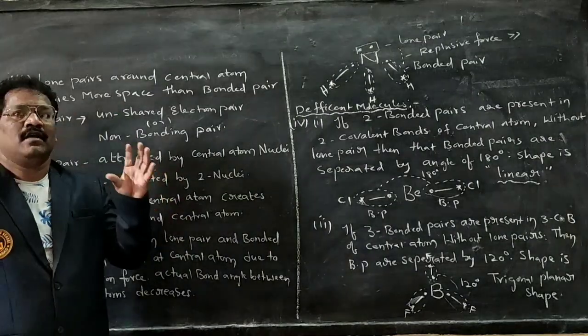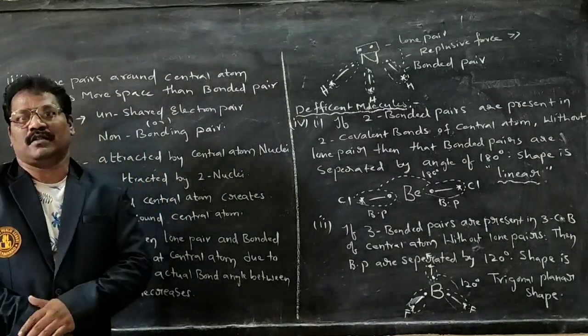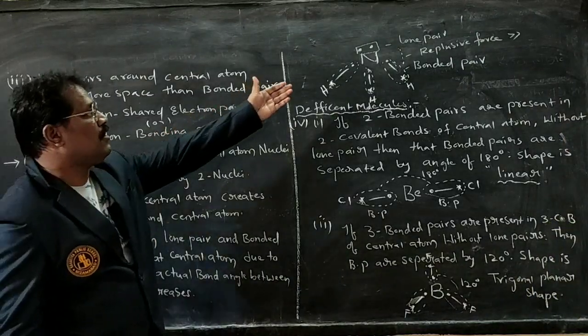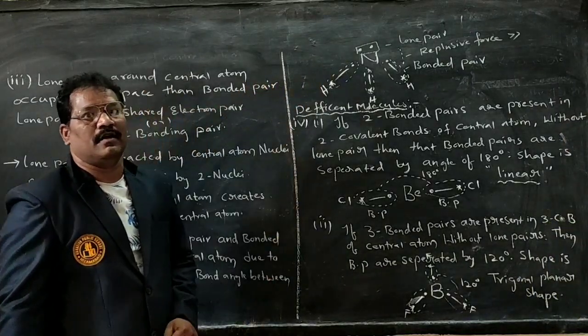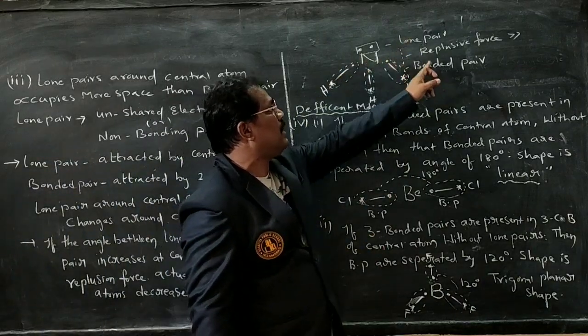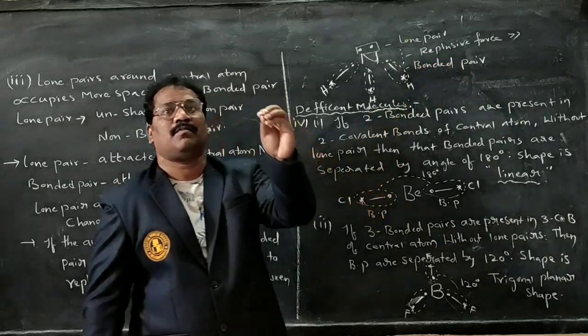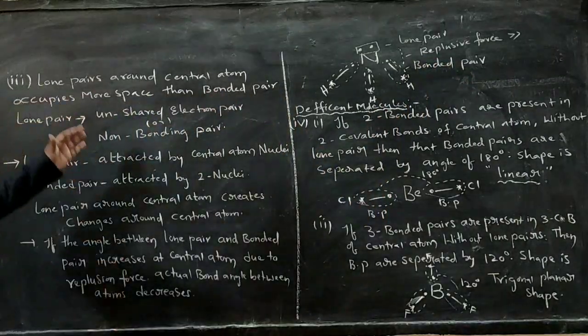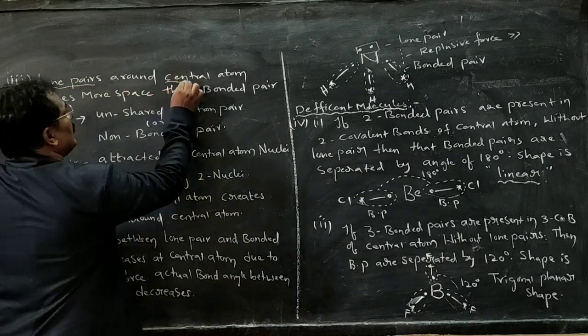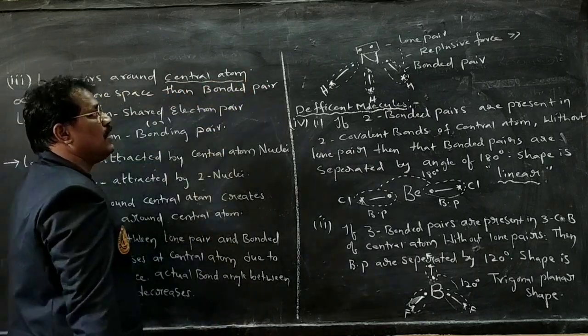The third point has had a lot of explanation already. In an ammonia molecule, lone pair and bonded pair electrons play a vital role. What does the third point explain? Lone pairs around the central atom. What is the central atom?